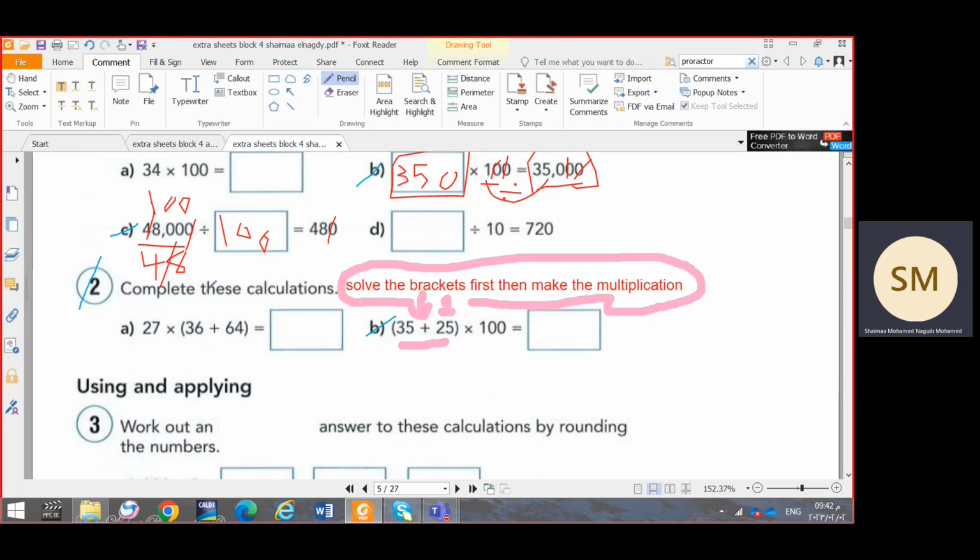Okay, let's go to this type. If you get this in the exam, complete these calculations. If you see the brackets, I wrote it for you here: when you see brackets, the first operation you will do is the operation in the brackets.